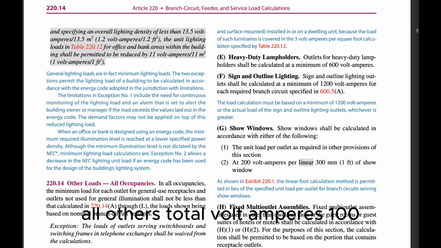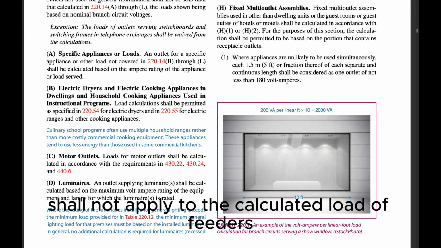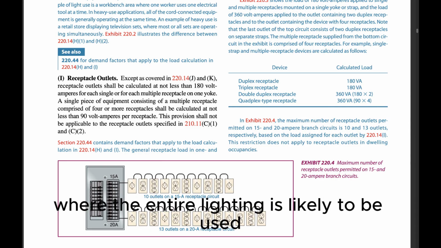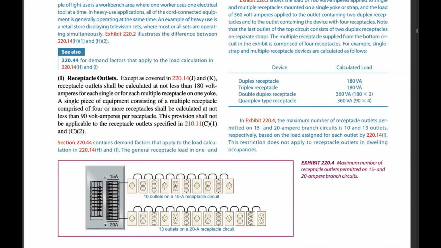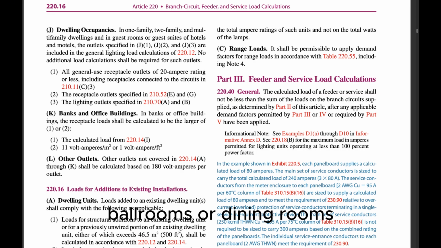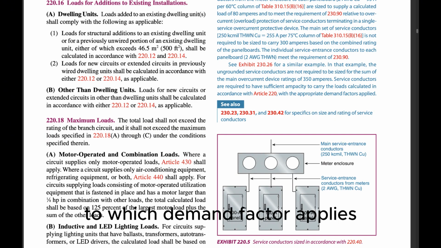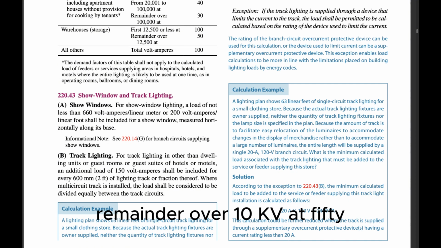All others: total volt-amperes at 100. *The demand factors of this table shall not apply to the calculated load of feeders or services supplying areas in hospitals, hotels, and motels where the entire lighting is likely to be used at one time, as in operating rooms, ballrooms, or dining rooms. Table 220.44 Demand factors for non-dwelling receptacle loads. Portion of receptacle load to which demand factor applies in volt-amperes, demand factor percent: first 10 kVA or less at 100, remainder over 10 kVA at 50.